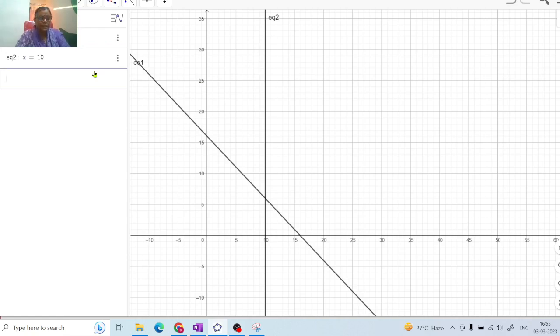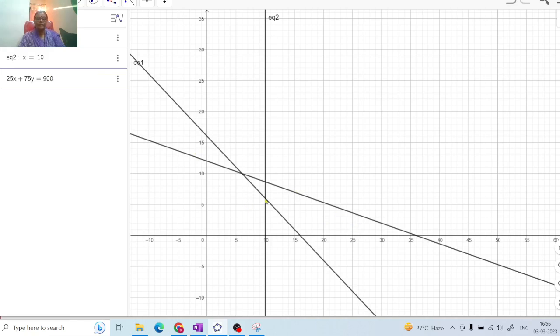Fine. The next line that we have is 25x plus 75y is equal to 900. So these are the three lines that we have.